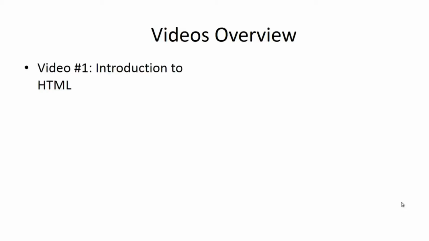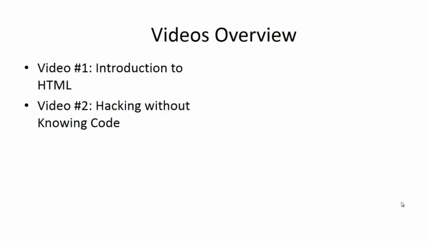So obviously this is going to be video number 1. Video number 2 is going to be hacking without knowing code. So I want to start out with utilizing an HTML editing tool called a WYSIWYG tool. More on that in just a minute. Now, by utilizing that tool, it'll get your feet wet so that you can feel a little bit more confident when it comes to HTML code. So you'll be able to see the code and you'll be able to see what it looks like in the browser view.